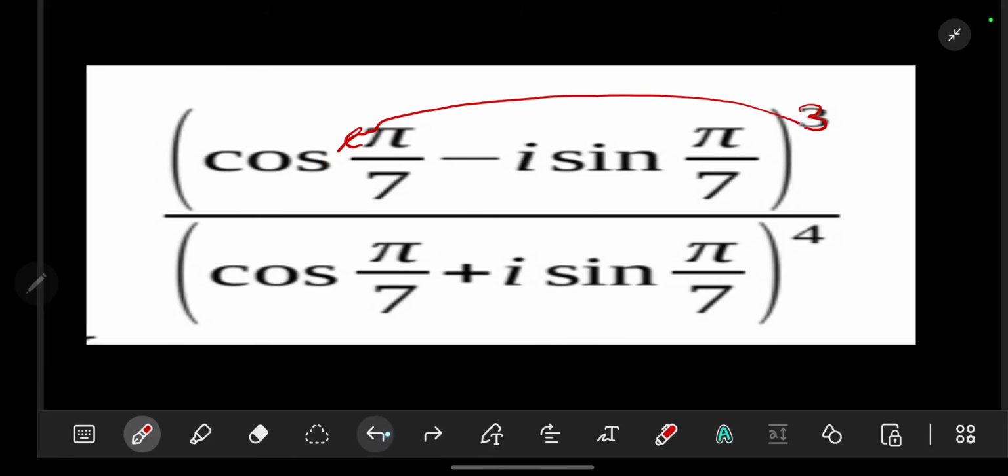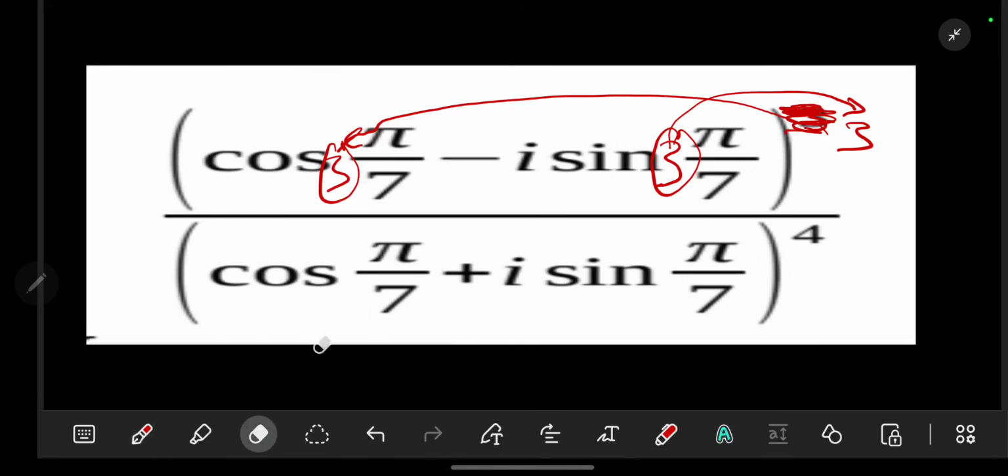Likewise, when it comes there and there, it simply means this one no longer is there. So this one you can reverse and put on top here, provided that the number on cos and the number on sine is the same. That means you are allowed to do that.